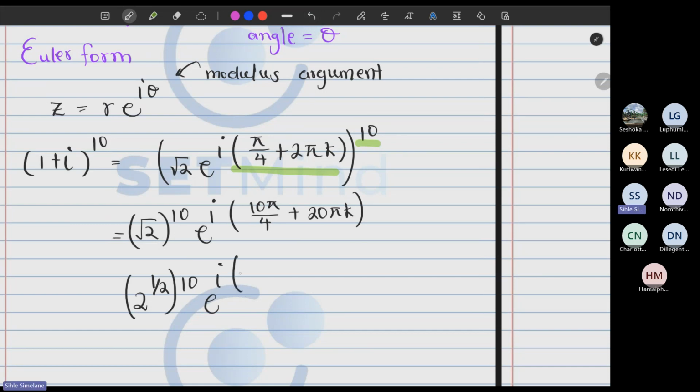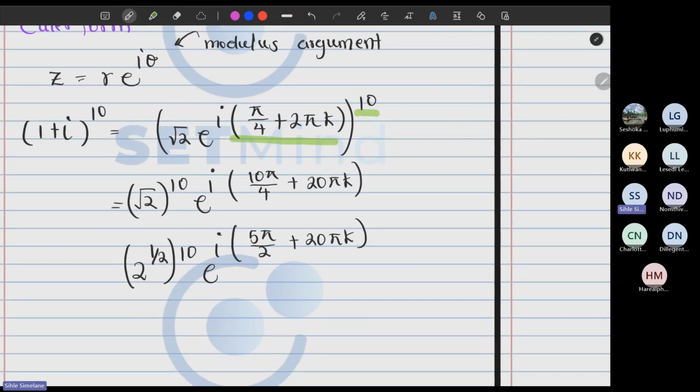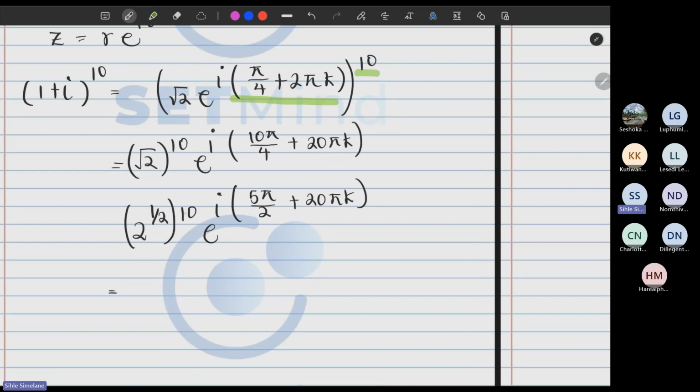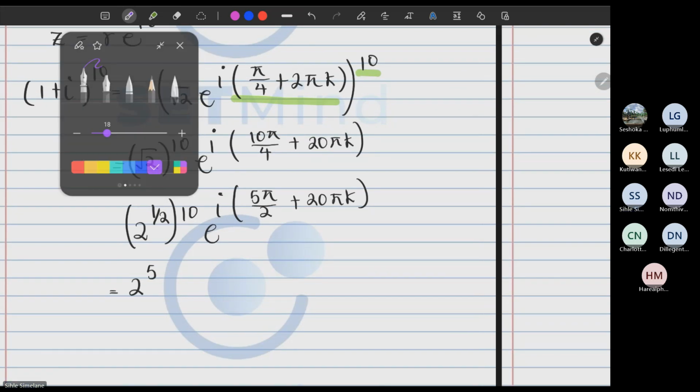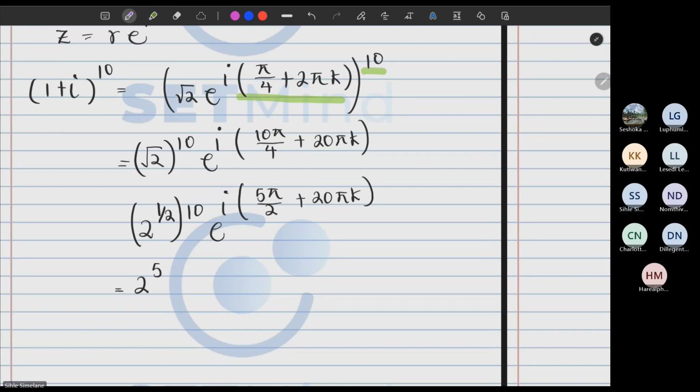What I can do there is try and simplify this and have a 2, so that I will have 5 pi over 2, and then plus 20 pi k. Right, and then when we quickly solve that, the 10 will multiply the half, it will be 2 to the 5. And then the e, remember Euler's form, we can take back to the real part form.